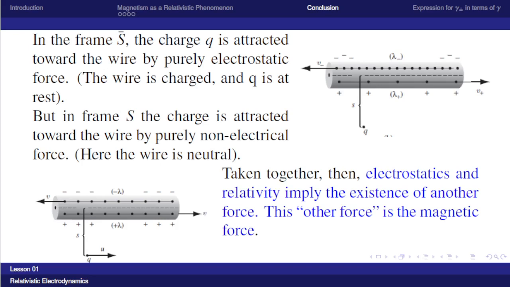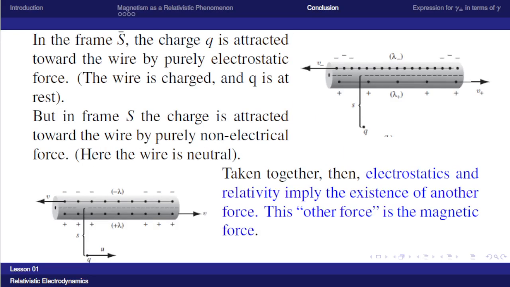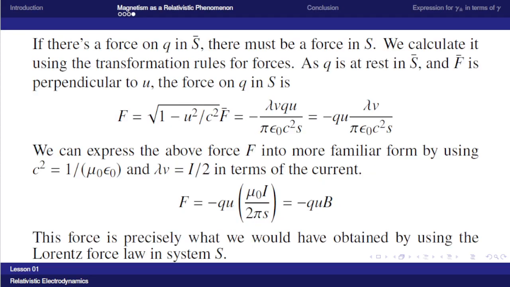So electrostatics and relativity imply the existence of another force. This other force is called the magnetic force. Electrostatics means in the S bar frame it is the electrostatic force. If we transform that electrostatic force into the S frame by using the principle of relativity, we obtain the force experienced by the charged particle in the frame S. That happens to be equal to the Lorentz force law.